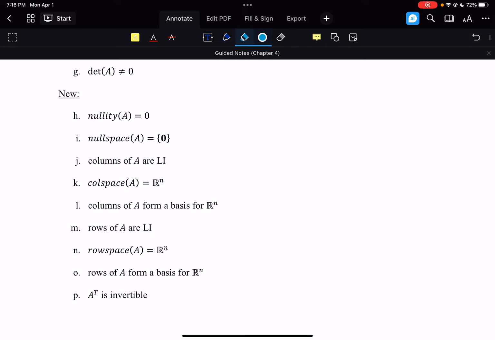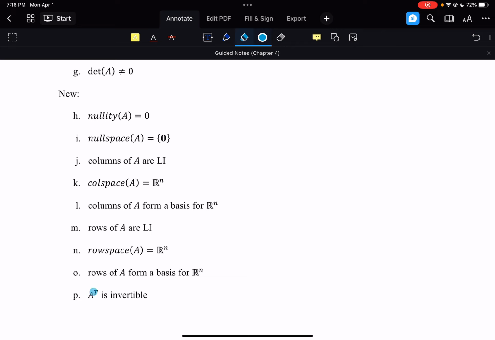But all of these things can imply invertibility in a matrix if the rows of A are linearly independent, or in other words, the row space is Rn, and the rows of A form a basis for Rn. So if we say that vectors are linearly independent, that they span all of Rn, that means they form a basis for Rn, right? That's how we define a basis. Same thing for the columns up here.